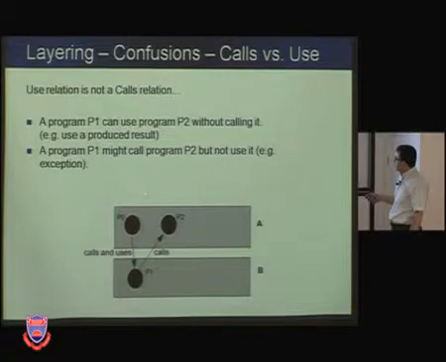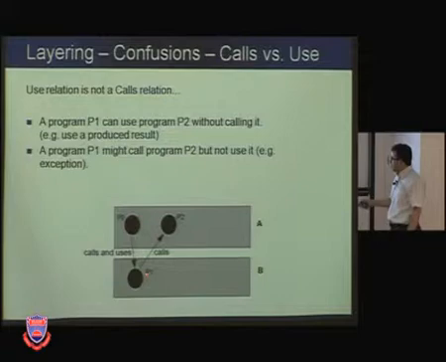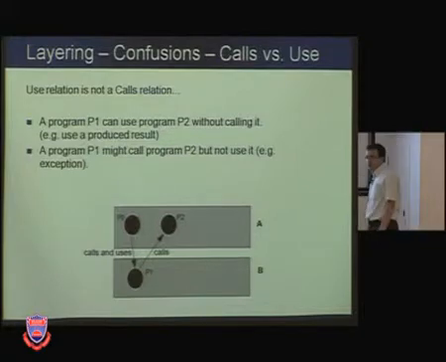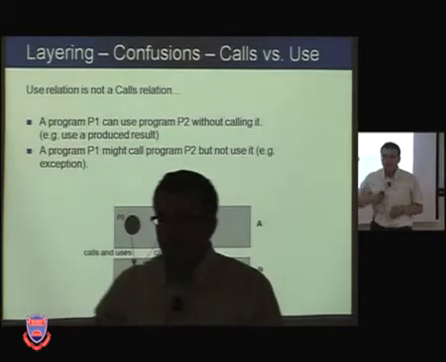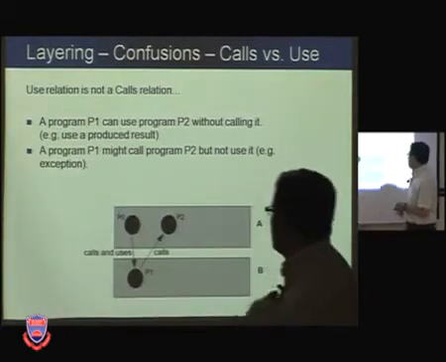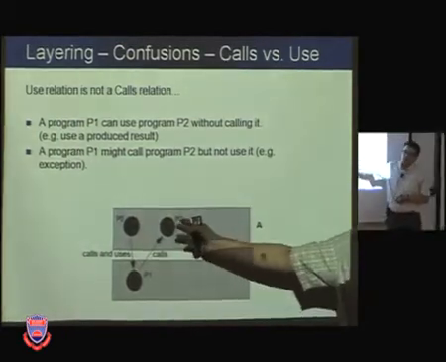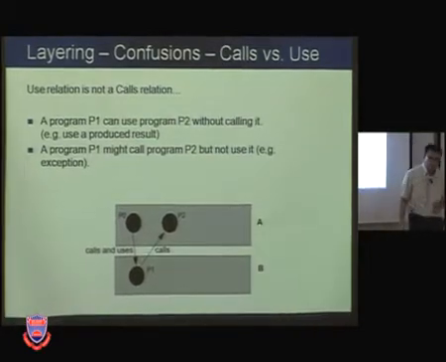Like a program P1 can use program P2 without calling it. And like here, P0 calls and uses it. P1 is an upward call. It's not a use relation, but it's just a notify, an error notification, for example this exception handler, but it doesn't use.